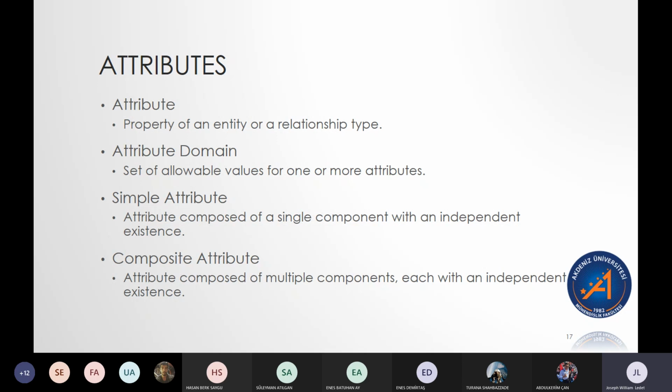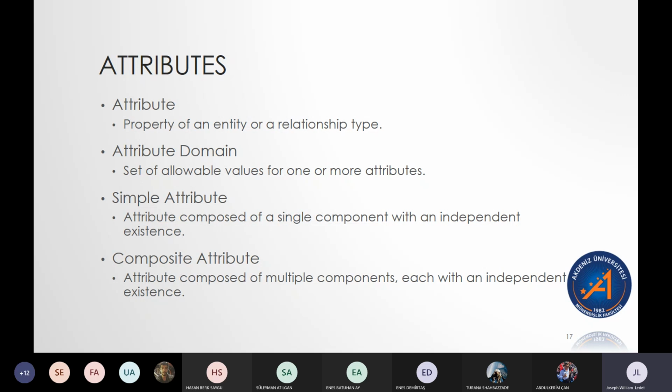Okay. An attribute could have a domain. There could be a restriction on what is allowed to be a value. So for example, an email address, we might say we're going to only allow values that have the format of some string of characters, alphanumeric, followed by an @ symbol, followed by another string of characters, followed by a dot, followed by some other string of characters, right?